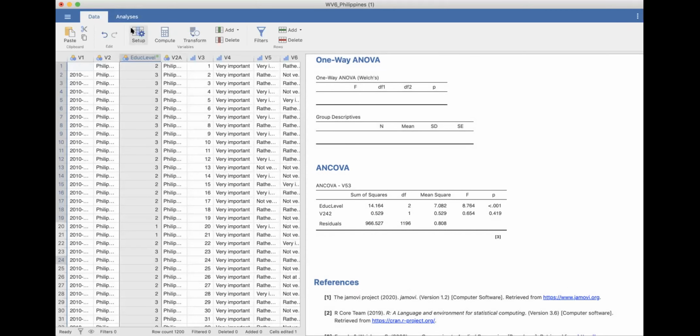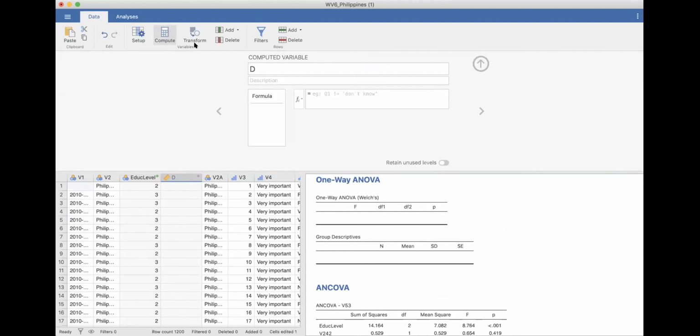Is that like a transformed score? Or? That's a compute score. Compute. So for example, ano ba? Sige, can somebody just shout out to me 2 to 3 variables? Justifiable, justified, what was that?